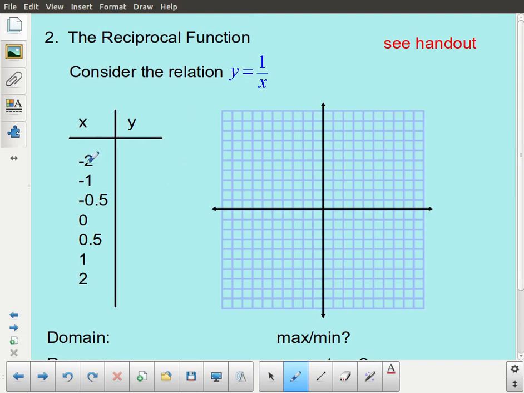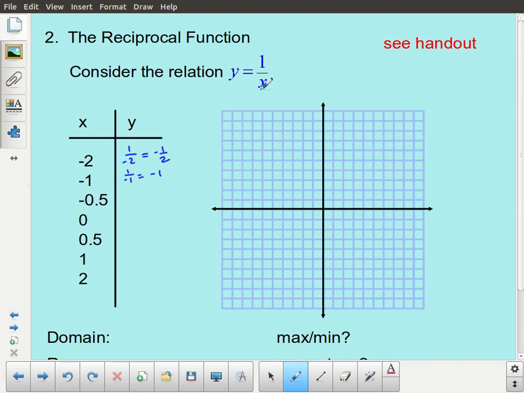So we're going to start with a table of values. When x equals -2, then my y value is going to be 1 over -2. And I don't like negatives in the denominator, so that's just the same as -1/2. When x is equal to -1, the y value is 1 over -1, and that's just -1.